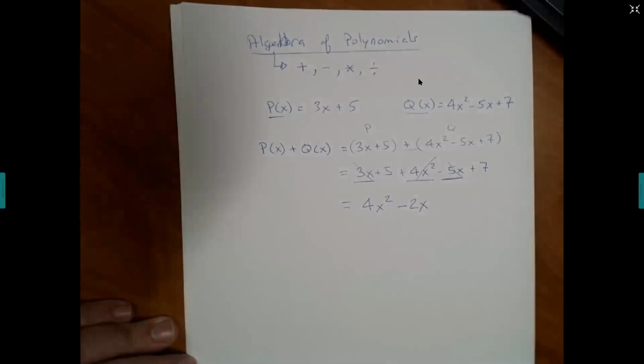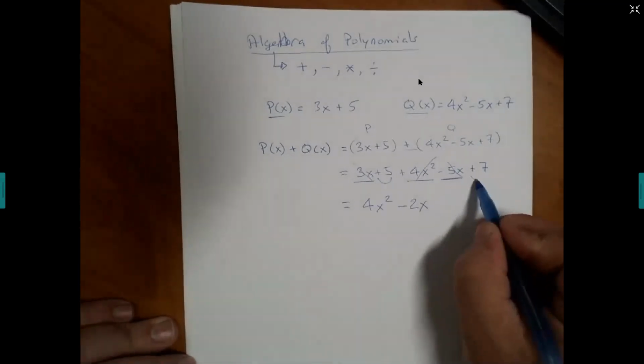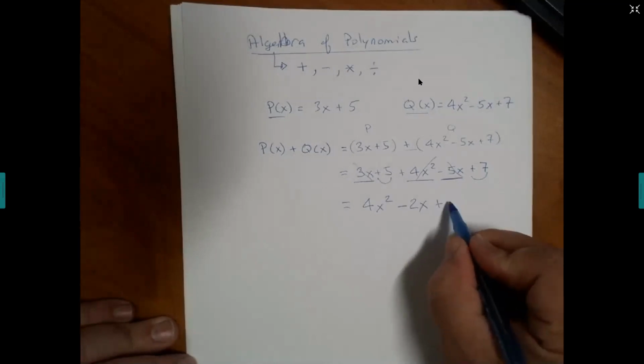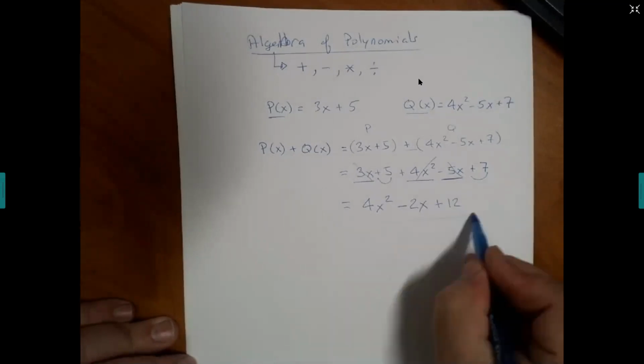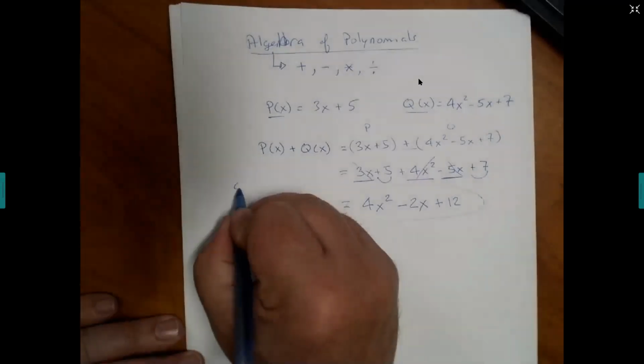So those are the x's. Then the constants. Positive 5, positive 7 is 12. So there's my answer. That's the sum of two polynomials. Question? It's just completely combine like terms.